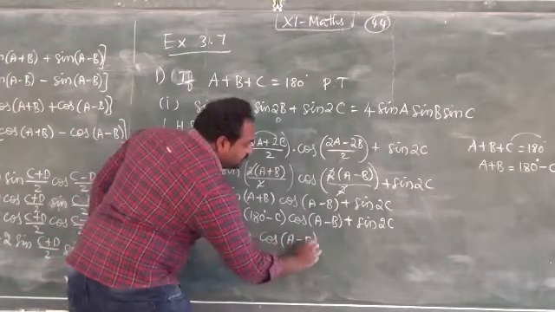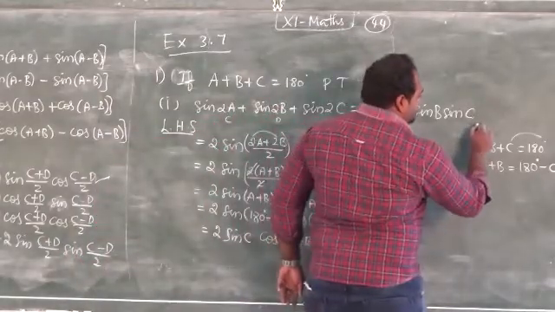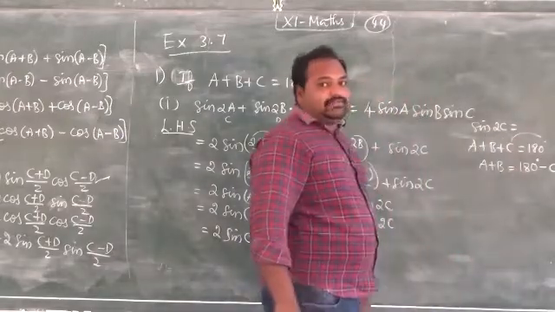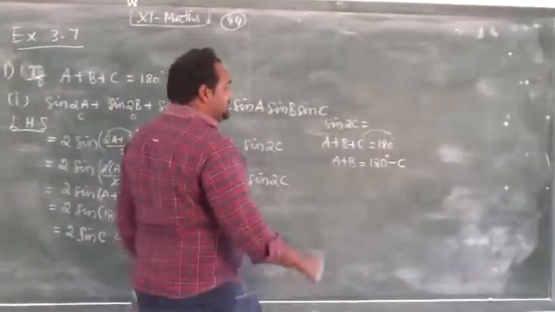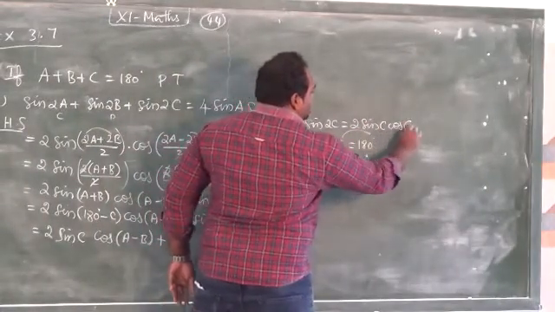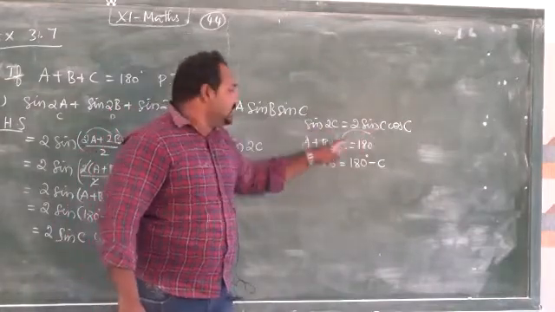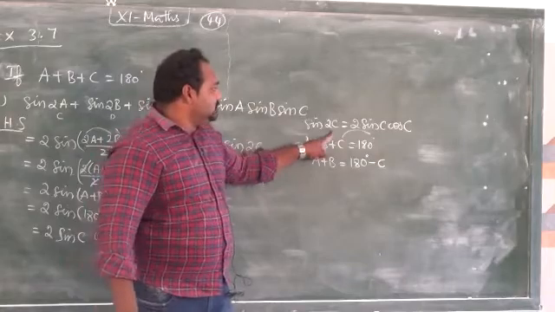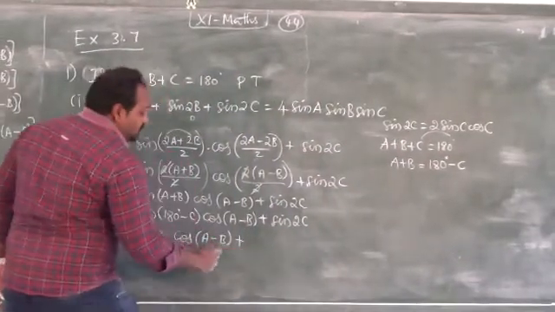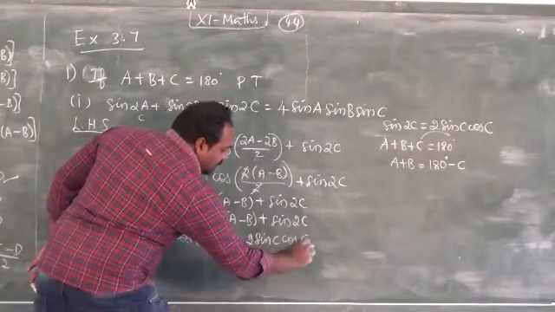Plus one more formula. We know that sin 2 theta can be written as 2 sin theta cos theta, so sin 2C can be written as 2 sin C cos C. The same formula I am going to use here.